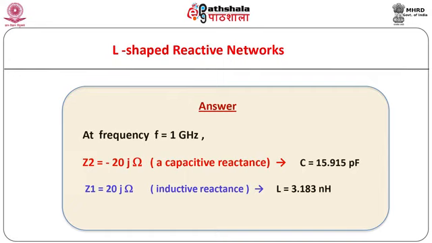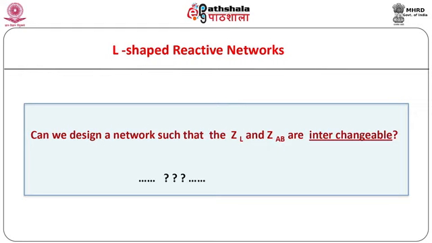With due consideration of the given frequency of 1 gigahertz, one can calculate the value of this capacitance as 15.915 picofarad, while for Z1 equal to j20 ohm representing inductive reactance, we obtain the inductance value as 3.183 nanohenry.